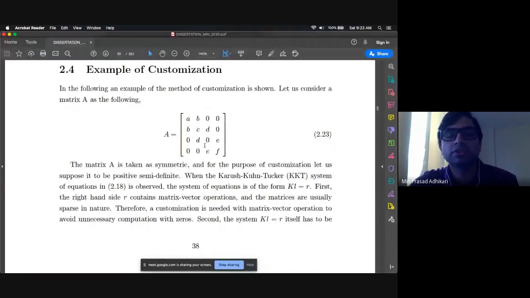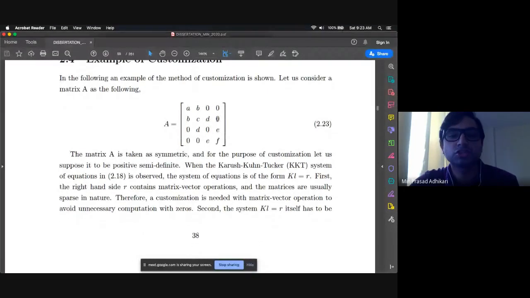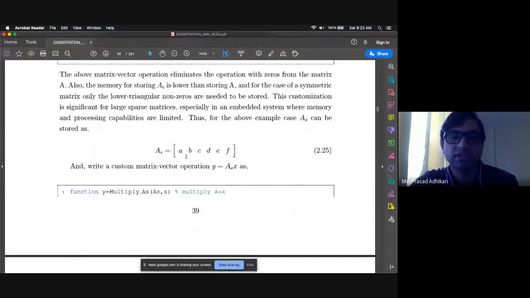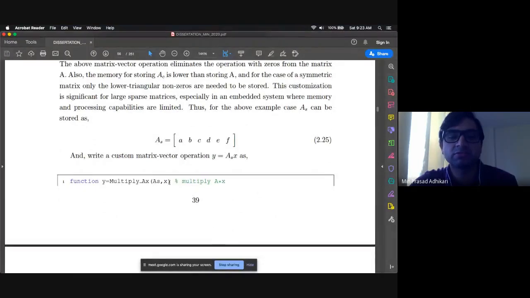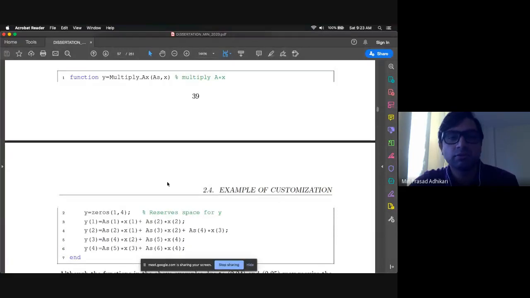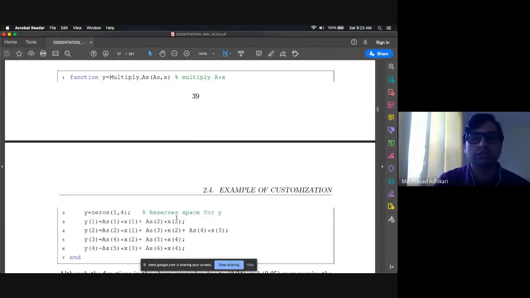So what you can do is store this whole 4 by 4, 16 elements, as only 6 elements, A, B, C, D, E, F, and then multiply it with a vector. And this is your custom matrix and vector multiplication program. So that's how you lower the memory requirement.